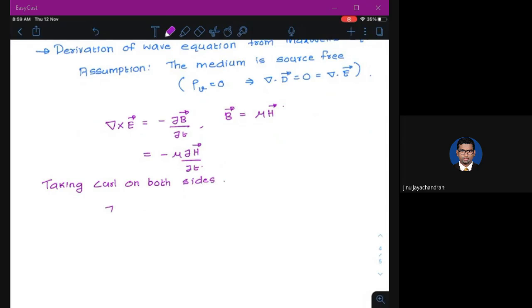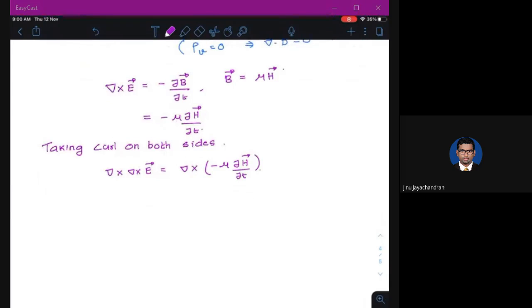So I can write del cross del cross E is equal to del cross of minus mu dou H by dou t. So I can take the cross product inside, so I can write minus mu dou by dou t of del cross H.